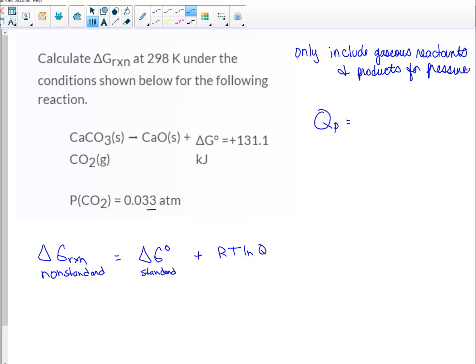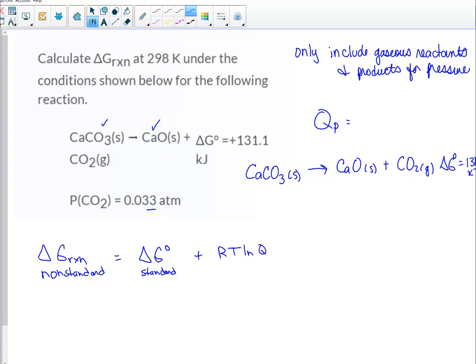So it makes no sense to say, what pressure does solid calcium carbonate exert? It doesn't exert a pressure. It's in a solid phase. What about the pressure for calcium oxide? Does that make any sense? Let me rewrite this. Calcium carbonate as a solid decomposes into calcium oxide solid plus carbon dioxide gas. And this delta G in standard conditions is 131.1 kilojoules of energy.